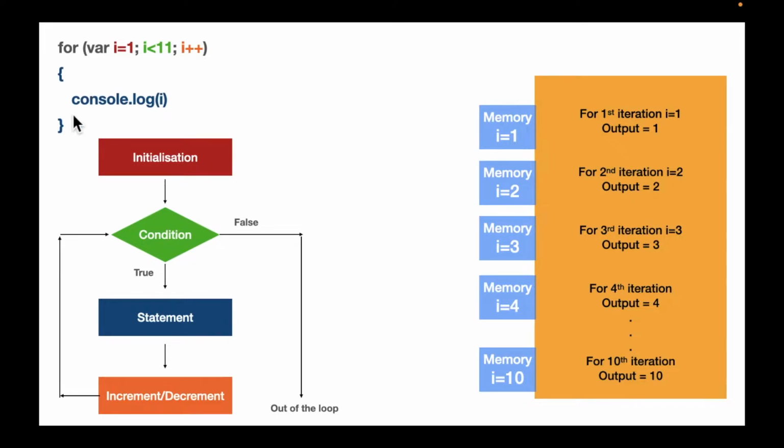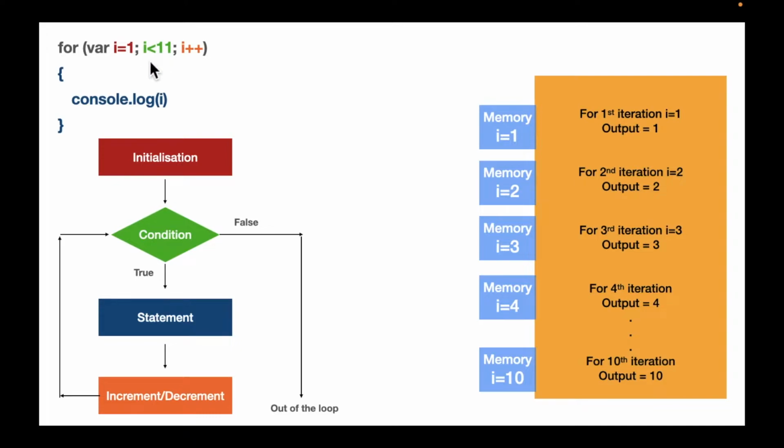So first, what for loop does is it initializes I, right? So we are giving I equal to 1. The memory will initialize I equal to 1. So the value of I is 1. Now the second thing it will do is check the condition, whether I is less than 11, whether this condition is true or false.